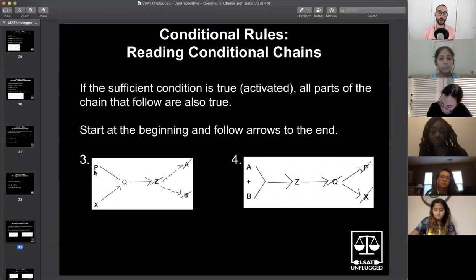They'll ask you about the beginning also, but asking about the beginning is easier because there's less ambiguity there. You just follow things along. But when they're asking about the middle, that's where people tend to look backwards. These two diagrams are not the only two possibilities for the entire game. Because if you're told if Q, you would know about Z being out, you would know at least one of A or B was also out, but you wouldn't know where P and X were. So P and X will kind of be on the fence. In that case where Q is in, P and X could be in, they could be out, one in, one out maybe.